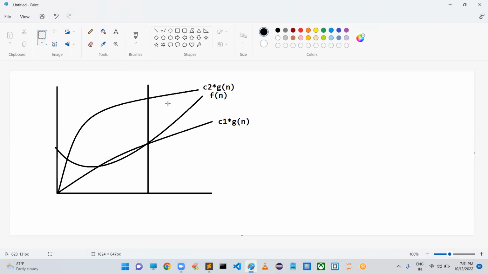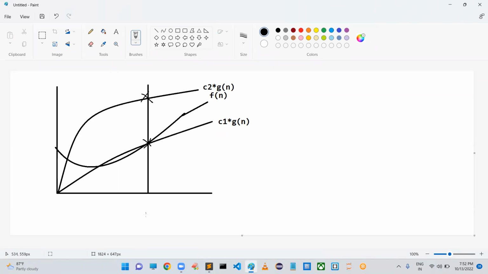Even this diagram is wrong, so I think we need to draw it in this way. This value increases drastically. So the value of f of n is going to lie between these. Here you can observe that up to a certain constant it can be anything.